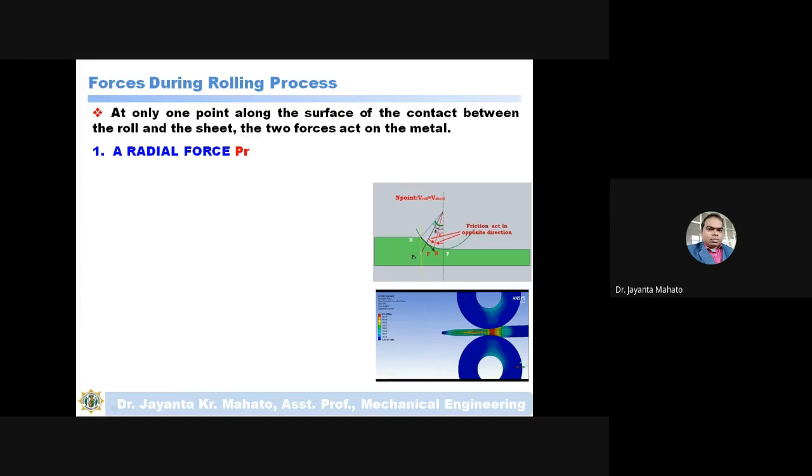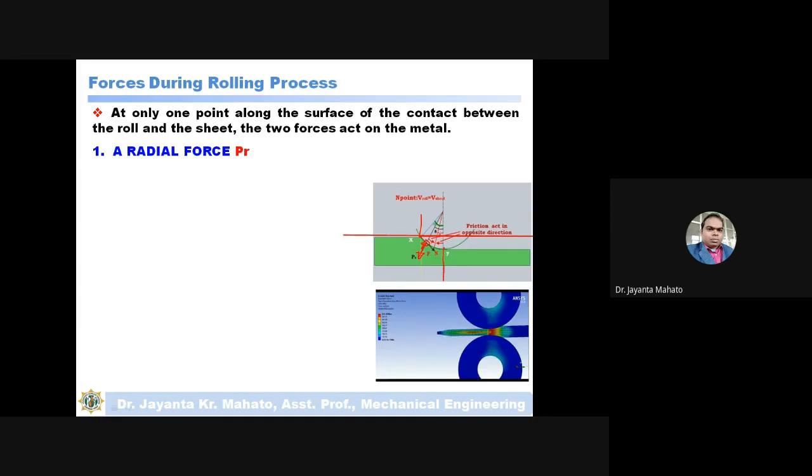So this one is equal to PR at the contact point. Suppose this is the contact point. Actually, from this entry point to this exit point, all the points are contact points between the workpiece and the roller. So just consider here a neutral point.